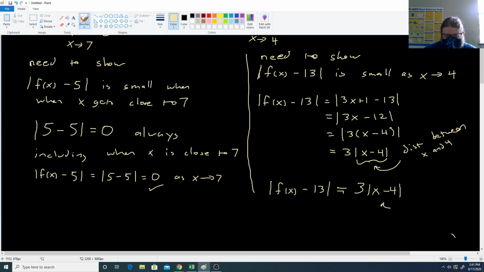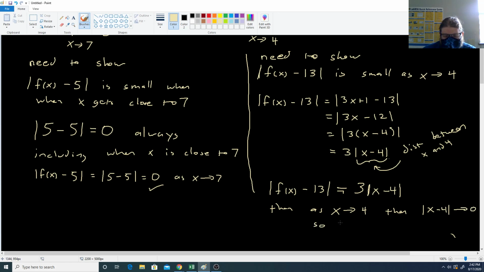So that distance is equal to 3 times the absolute value of x minus 4. And so this right here, f of x minus 13, is a multiple of the distance x is away from 4. So because this is true, as x approaches 4, the distance x minus 4 approaches 0.